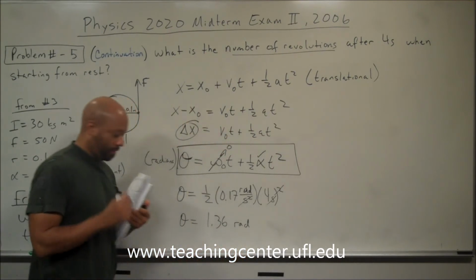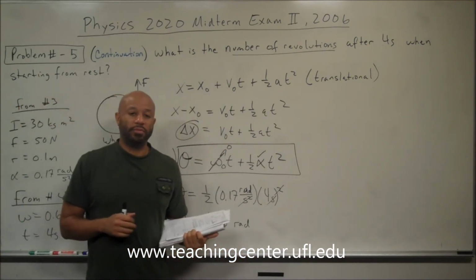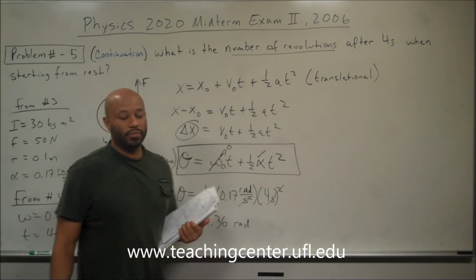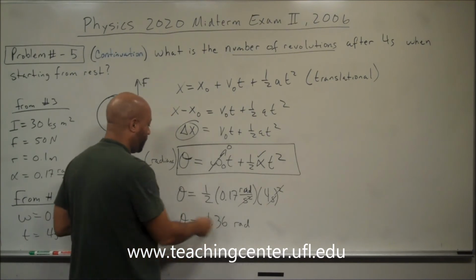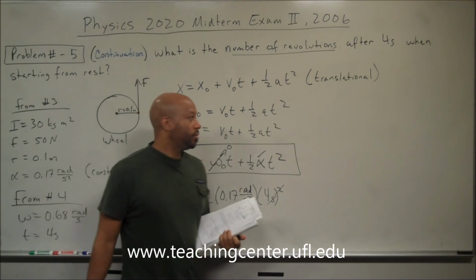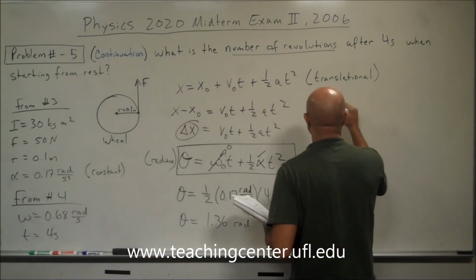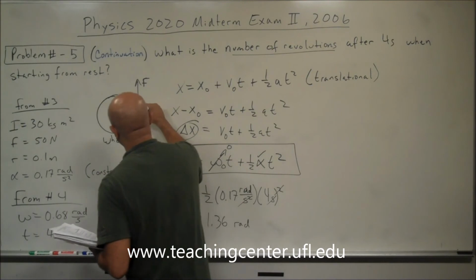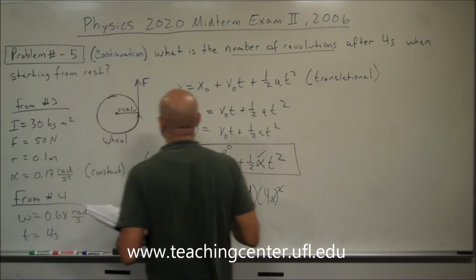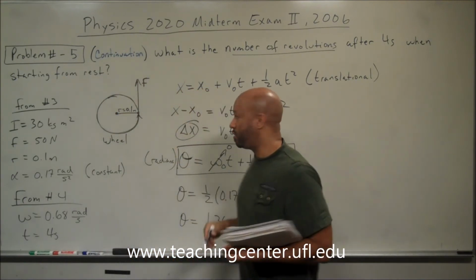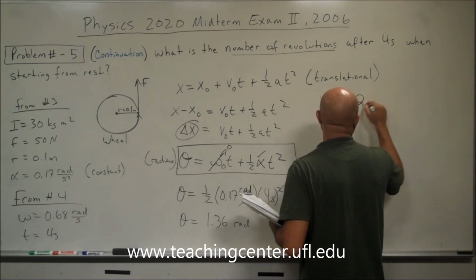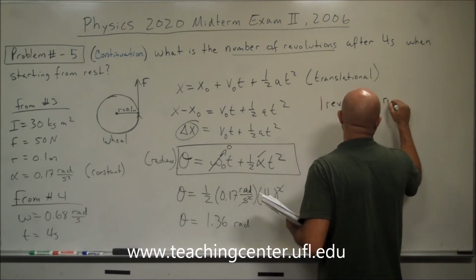1.36 radians. Now, that's not the answer to the problem, because the problem is asking us, what is the number of revolutions? And we have our units in radians. But we do have a relationship between radians and revolutions. We know that if we go in a circle, we basically went around the circle once, or one revolution, and one revolution is the equivalent of 2 pi radians.